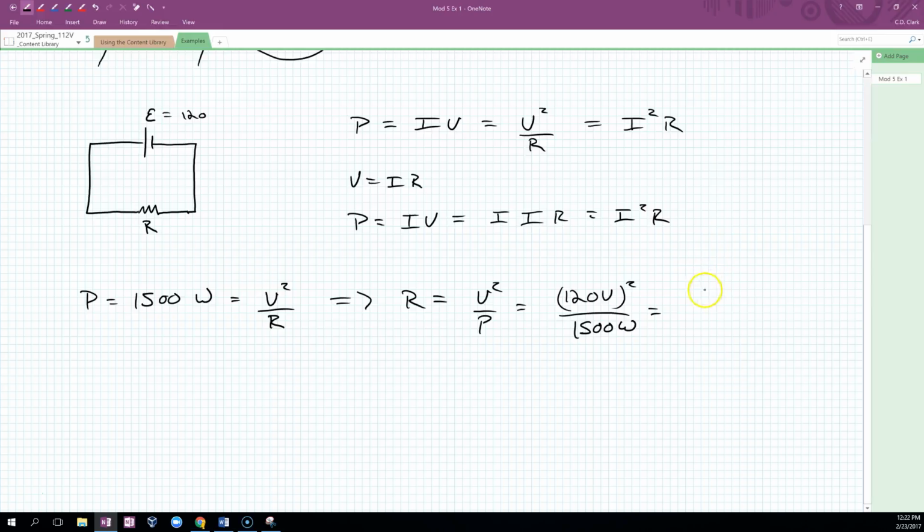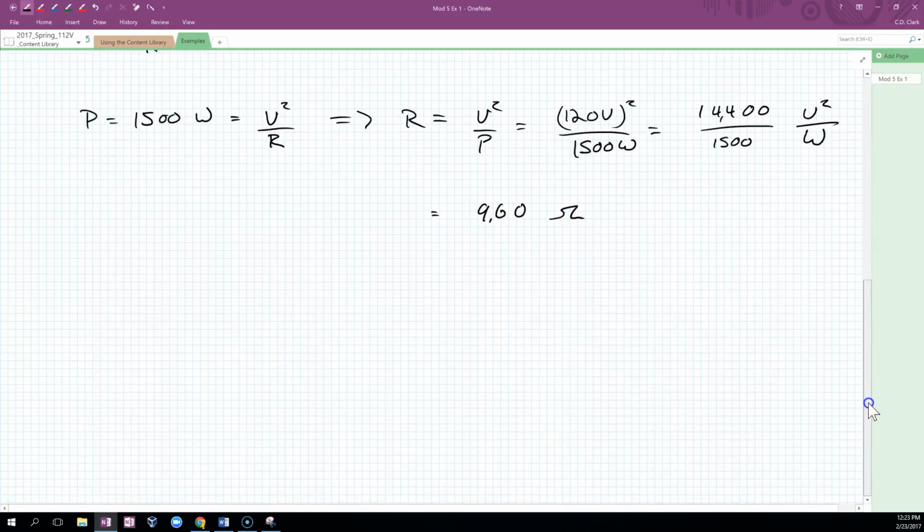120 squared is 14,400, so 14,400 over 1,500, and that's volts squared per watt. And that gives me a resistance of 9.60, and that's going to be in ohms.